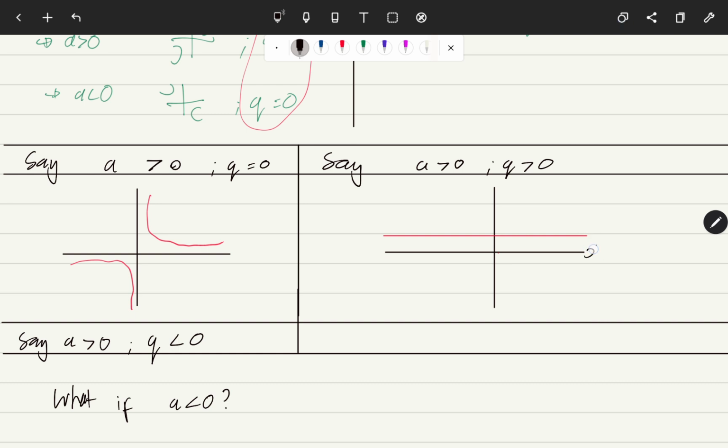I'll go back. This is the x-axis, this is the y-axis, and this is the shift to where y equals 1. And now when we draw our hyperbola, it's going to be something like this.